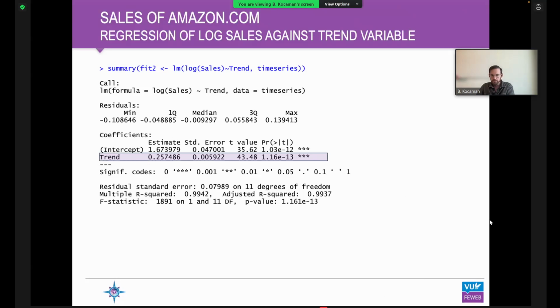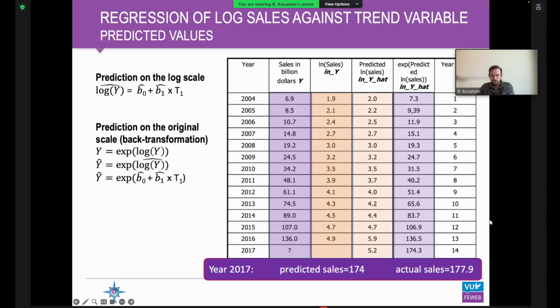And then that's basically your predicted sales, right? So 0.25 times 14 plus 1.67 will be equal to your log transformed sales, so 5.2. And then if you take exp of 5.2, it will give you the prediction. So you will indeed need to do the back transformation.